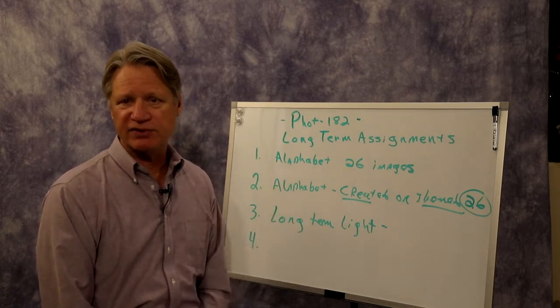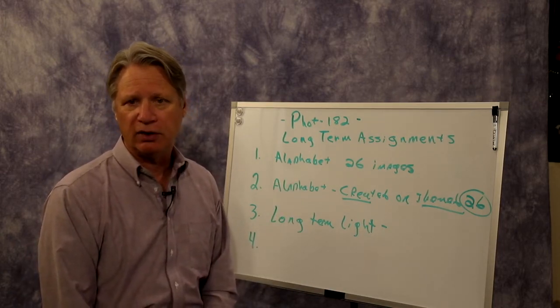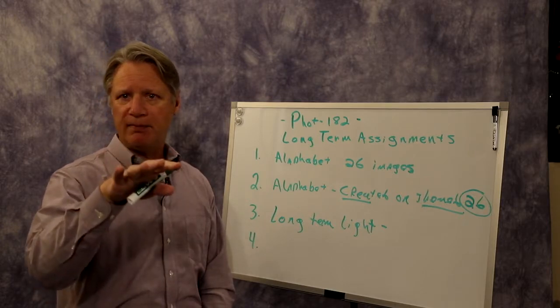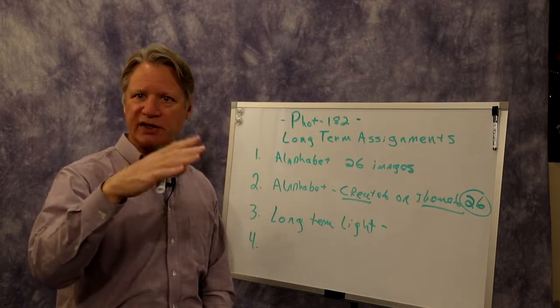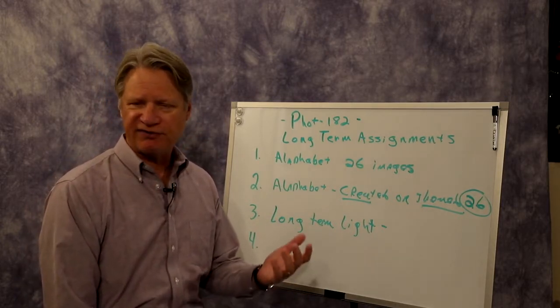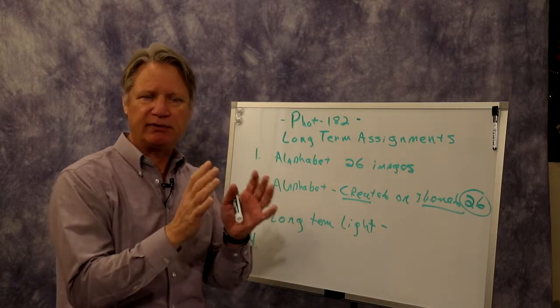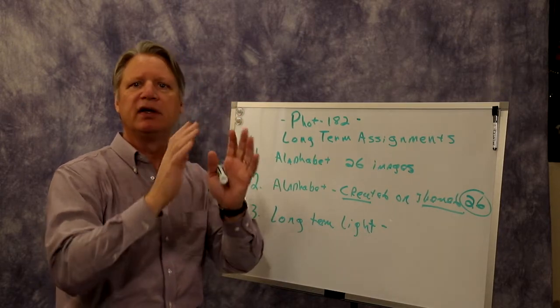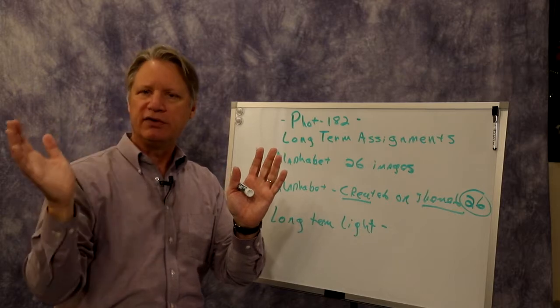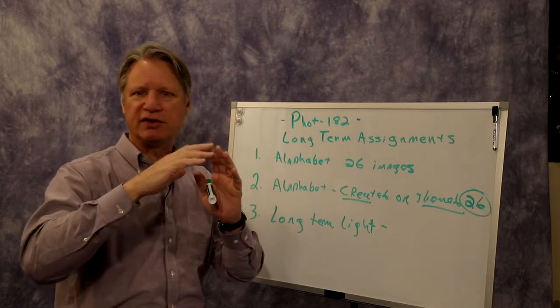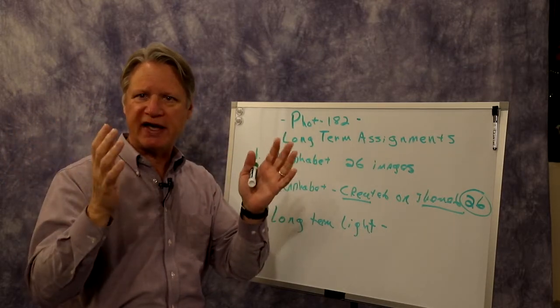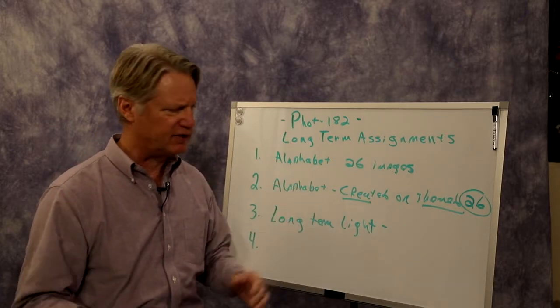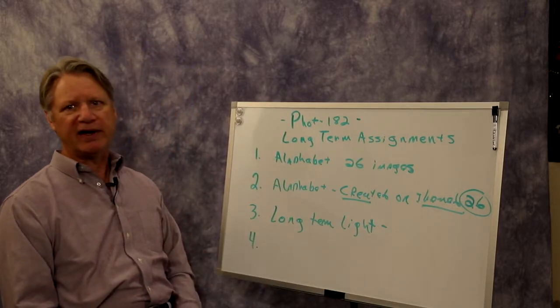And a student last semester did that. It came out really, really cool. Put it on automatic so that the camera will make the adjustments to get the exposure right. That's fine. I don't care. It's a light study. We want to look at a location and see how the sun and the conditions, atmospheric conditions, change that scene over time. That's all. Very simple. Okay, so that's long-term light.